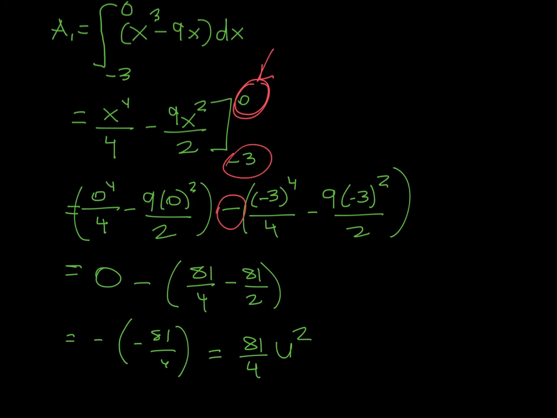So the first substitution is 0, and the second substitution is negative 81/4. So negative times negative is positive, so area number 1 is 81/4 of units squared. And as I have already told you, as this is a symmetric function, area number 2 is going to be exactly the same, 81/4.